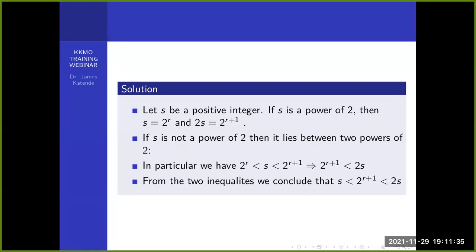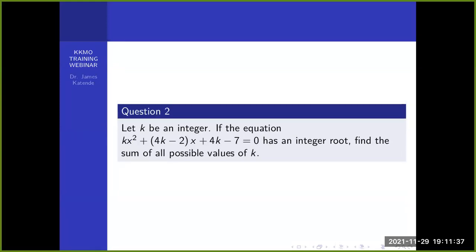So let's look at the next question. This question says, let k be an integer. If the equation kx squared plus (4k minus 2) x plus 4k minus 7 is equal to 0 has an integer root, find the sum of all possible values of k.